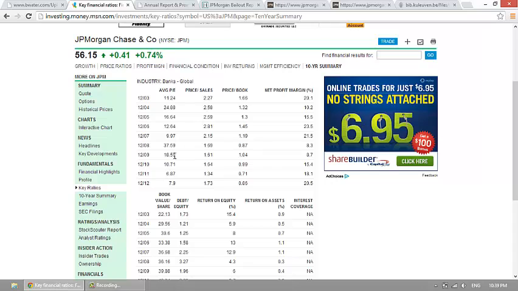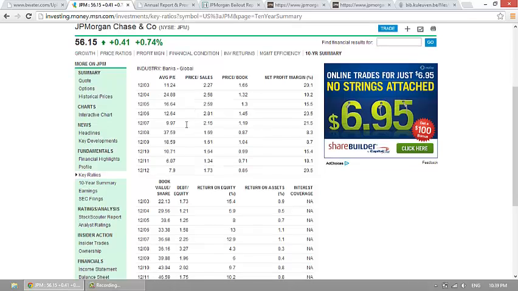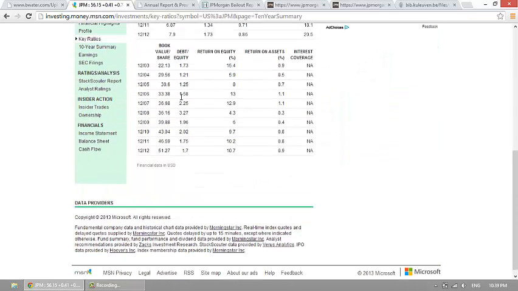For some reason it's pretty low, it's kind of low here, it's low here. It's higher here. So they have a very volatile price to earnings ratio, right? So in 2012 it was 7.9. But you can see here it's low. I would guess it's somewhere higher on average than what it should be now.